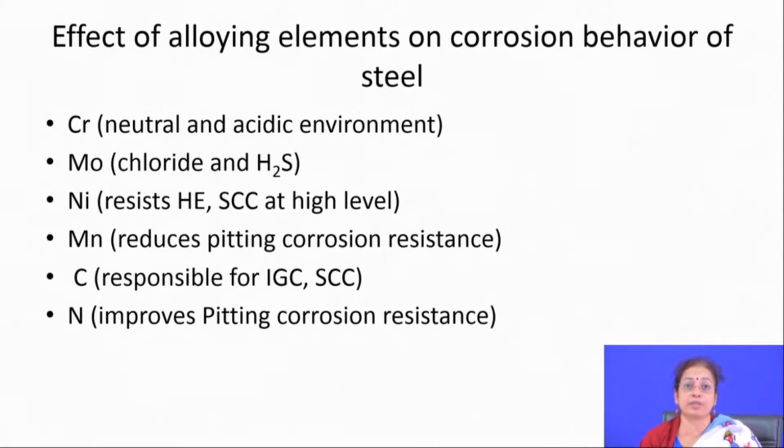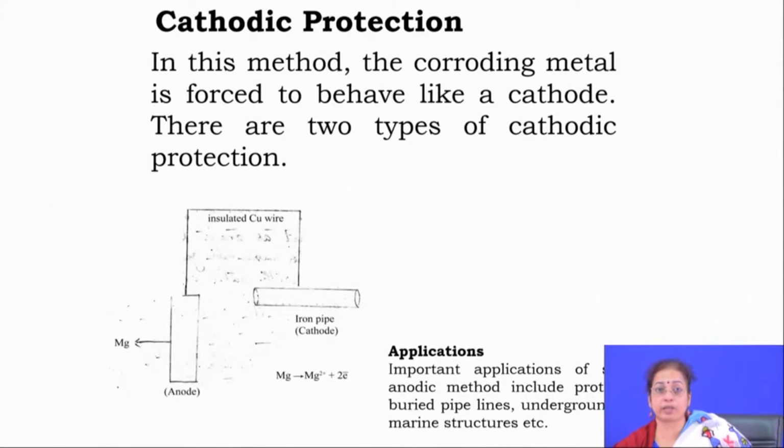Manganese reduces the pitting corrosion resistance, molybdenum enhances the pitting corrosion resistance, carbon is responsible for intergranular corrosion and stress corrosion cracking, and nitrogen improves pitting resistance. So, these are a few guidelines where the role of alloying elements in controlling different corrosion behavior or properties must be known to you prior to designing the alloy for a specific application.